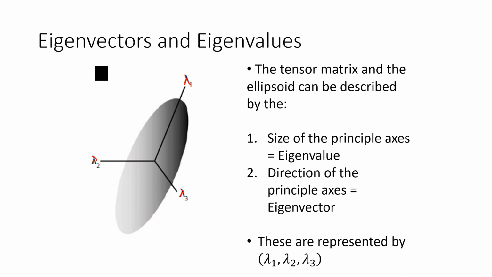So again, the eigenvalue is going to be equal essentially to what is that value along the primary axis of the matrix. We have our diagonal and we have our off diagonal values, and so these eigenvalues will tell us the magnitude of diffusion.